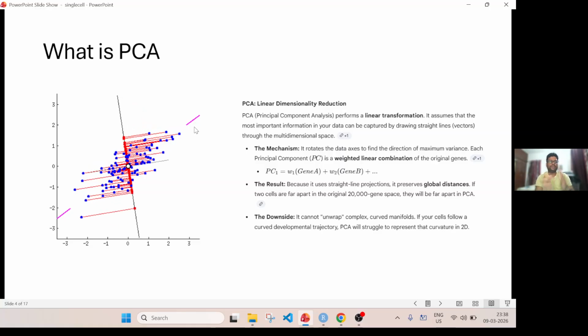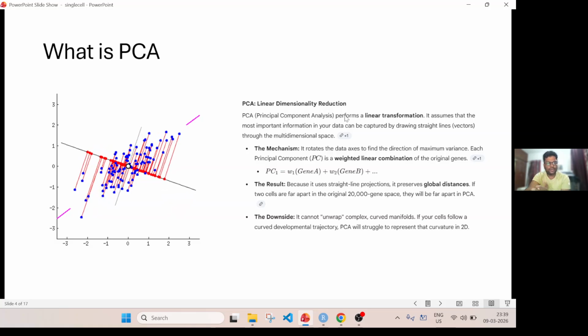So this PC1 will be like this. That is the direction where your maximum information is, and PC2 will be perpendicular to that. That's what we call orthogonal. So PC1, PC2, PC3, PC4 are all perpendicular to each other. That's why sometimes we call it linear. So PCA is nothing but linear dimensionality reduction.